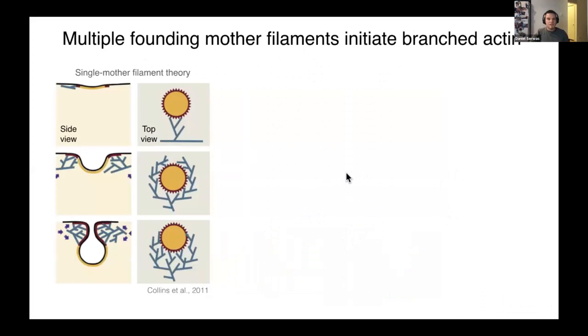Then next, we wanted to test something that's called the single mother filament theory, which is depicted in this cartoon here. It's based on platinum replica EM of unroofed cells.